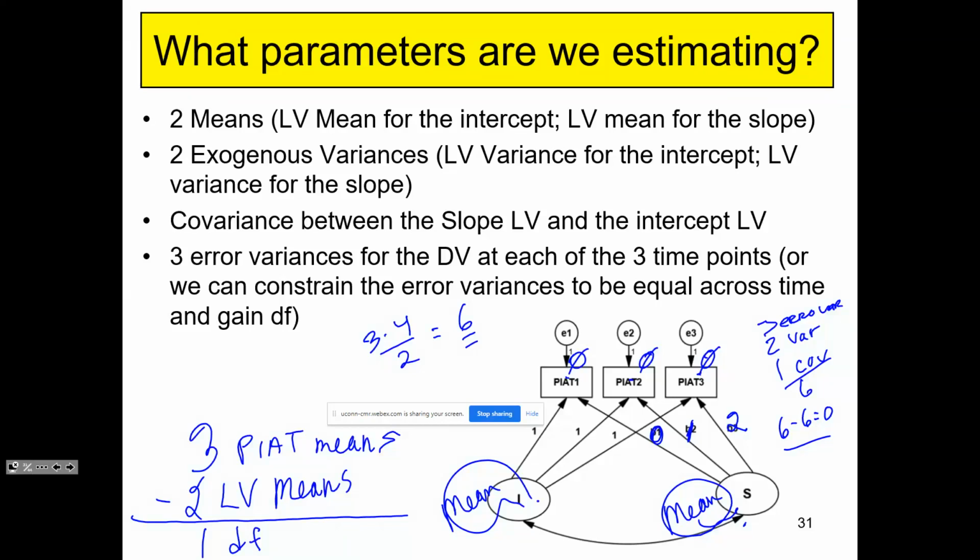In that scenario, any of the misfit is coming from the mean side, and it should be like a 1 DF model. But I don't know that I would say as a general rule that that's necessarily what you want to do.